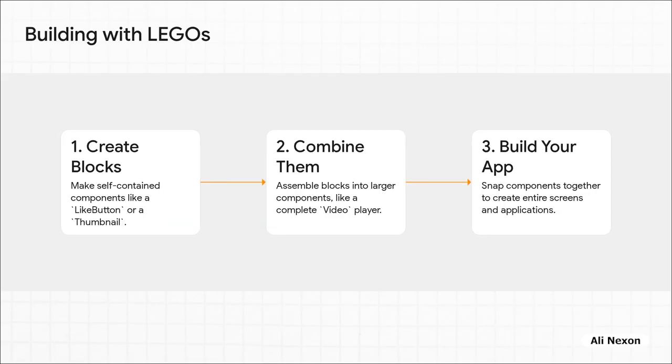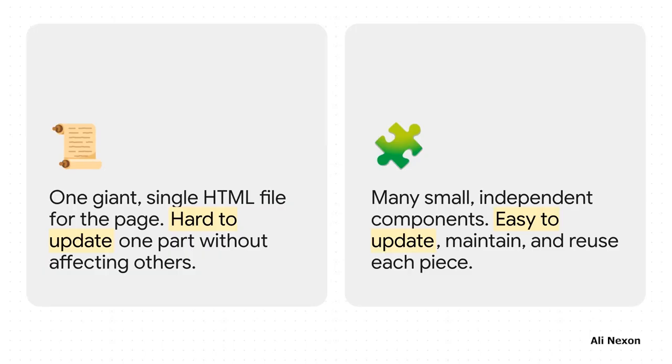The best way to get this is to think about Legos. Seriously, you build one perfect little like button block, just once, and now you can stick that block anywhere you need it, over and over again, without ever having to rebuild it. Then you snap those small blocks together to build bigger things, like a video player, until you have this whole complex, amazing application. So yeah, components totally solve the organization problem.